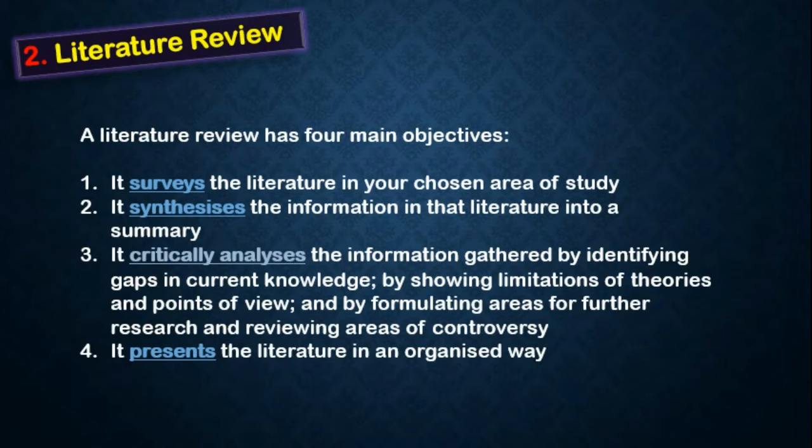And then the next point in the literature review is critically analyzing the information gathered by identifying gaps in current knowledge. The important thing here is identifying gaps in current knowledge, showing limitations of the theories by formulating areas of further research and reviewing areas of controversy.